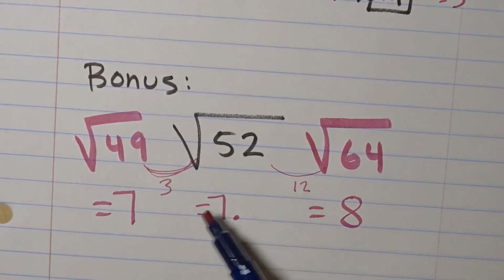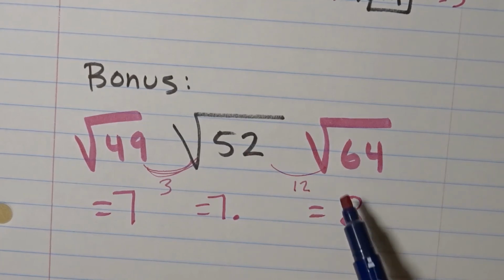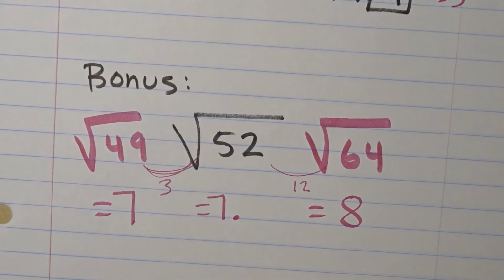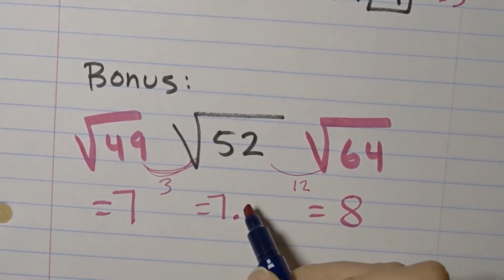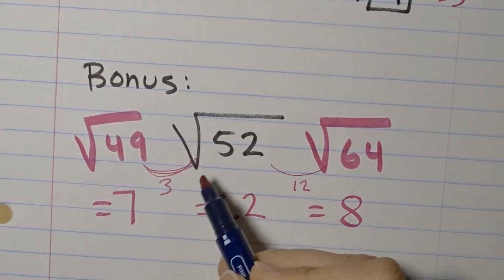So clearly, we're 12 away from 64. It's not going to be close to 8. And then we're only 3 away from 49. So I'm thinking closer to 49, like 7.2 maybe. It's clearly not halfway in between.